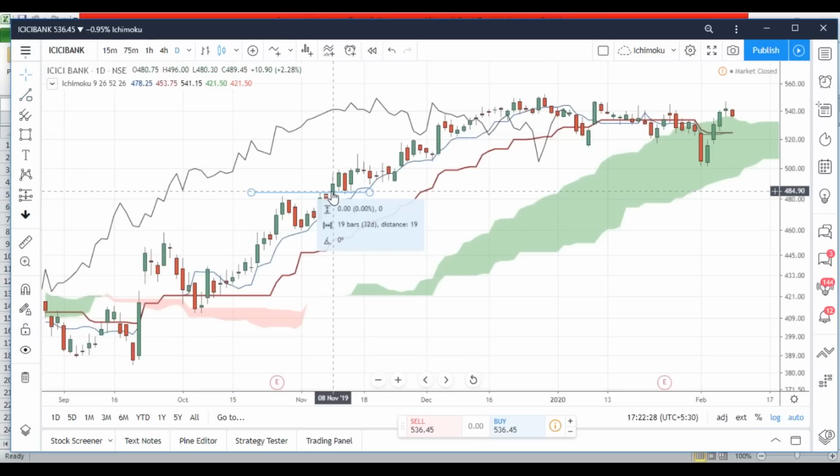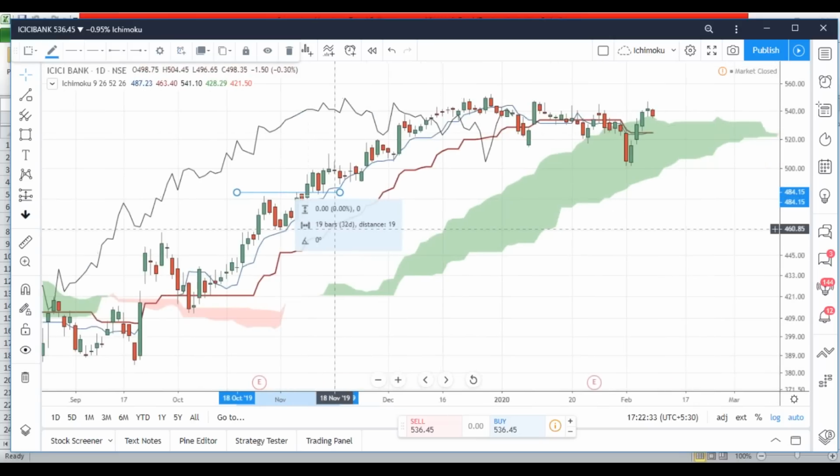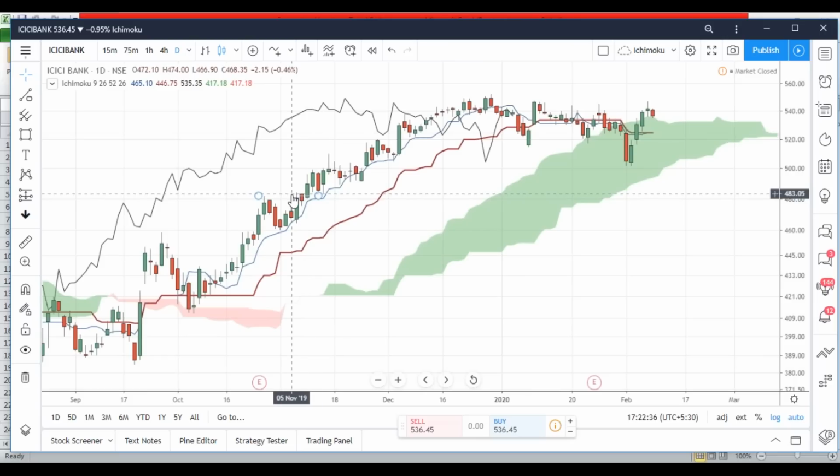So above this swing high, I will go long. I will not put any target. I will trail with the Tenkan-sen, and whenever price goes below Tenkan-sen, I will go out. I will scale up my position. Or, if you are conservative and taking a trade for a longer time, you can trail with the Kijun-sen as well.